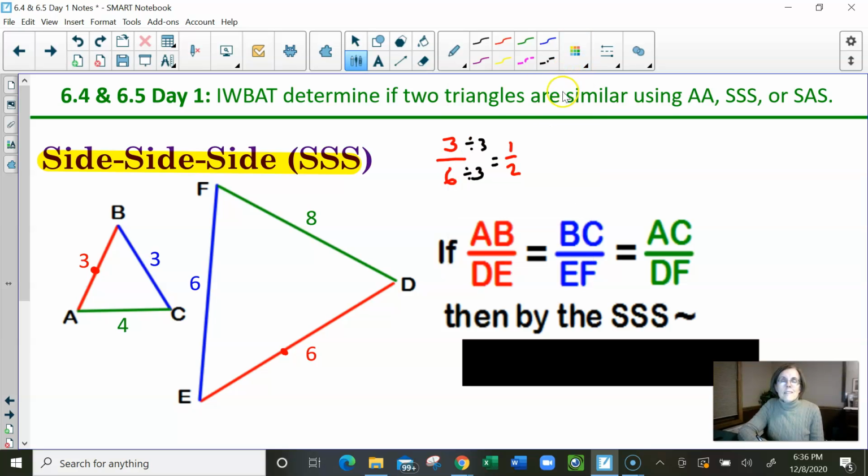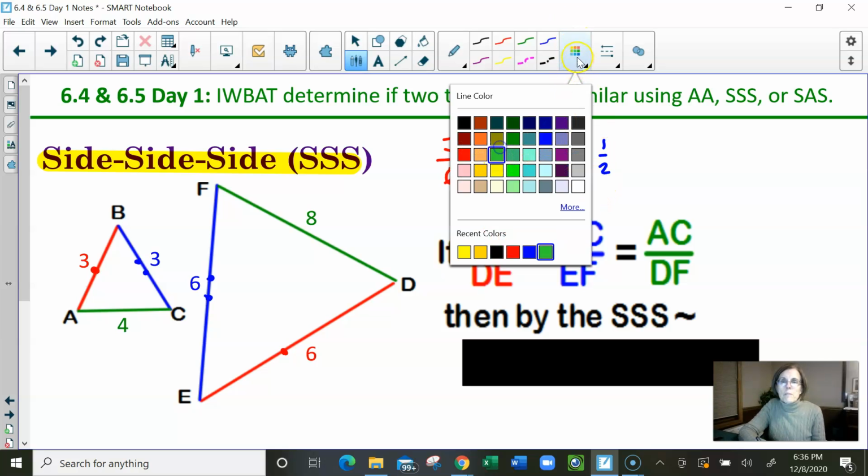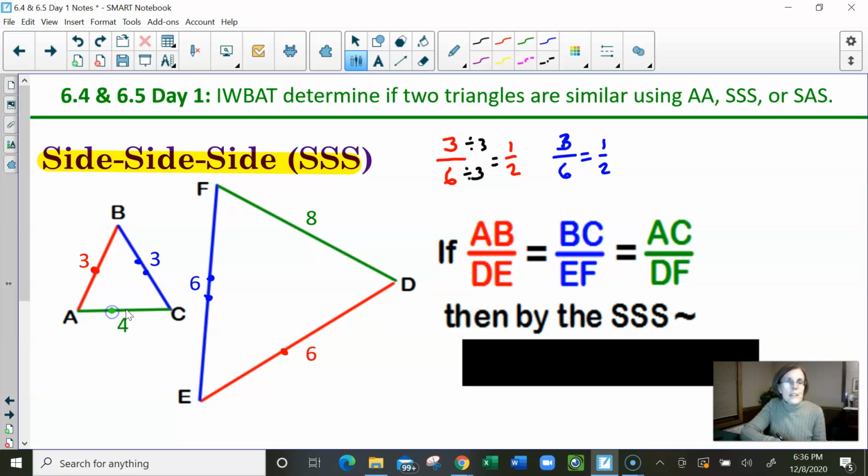My second set of corresponding sides, my blue ones, are also 3 and 6. So BC is length of 3, and EF is a length of 6. And we can see that that is also going to be 1/2. And then my third set of corresponding sides, AC and DF.